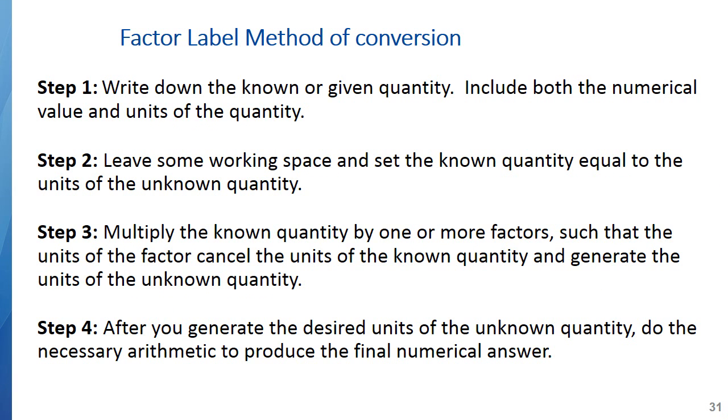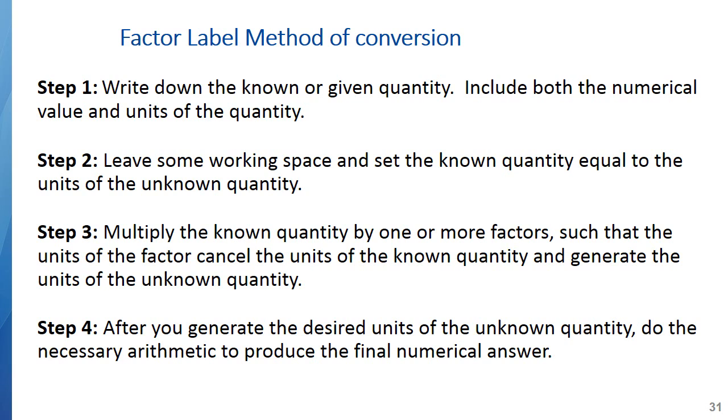So here's the method, the step-by-step of what we do. First, write down what you know and include both the numerical value and the units. It's a really good habit to use your units all the time. Leave some working space, and then come up with a factor, two quantities that are equal to each other.